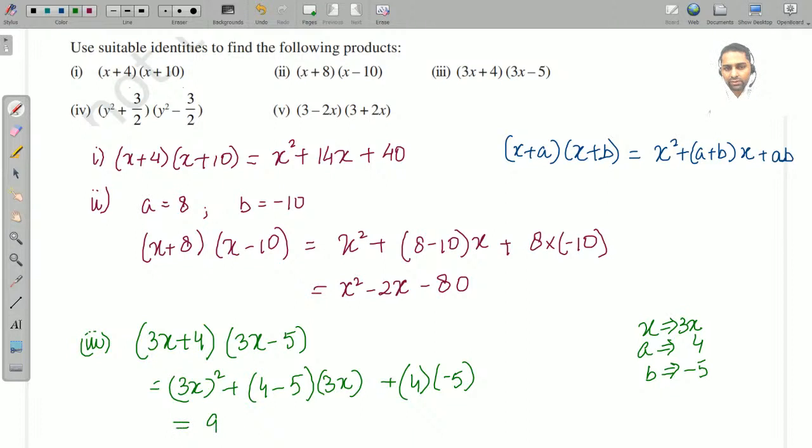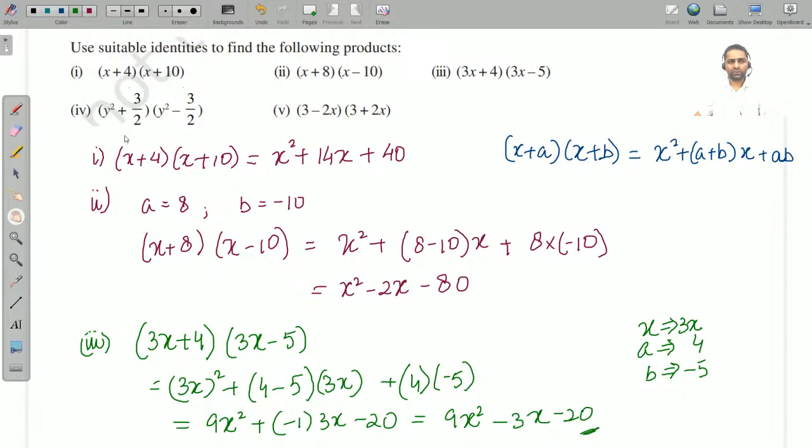So that comes out to be 9x square plus 4 minus 5 is negative of 1, 3x minus 20. Therefore the answer is 9x square minus 3x minus 20. Easy.